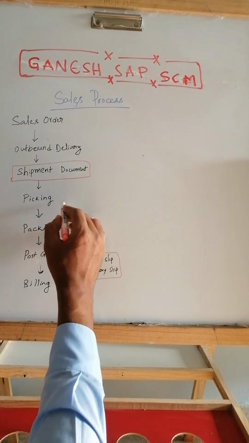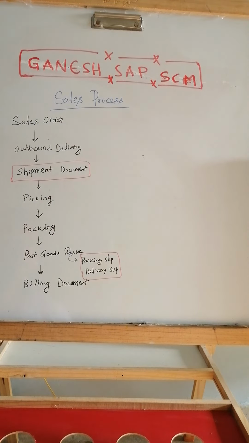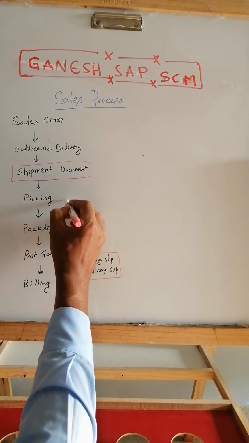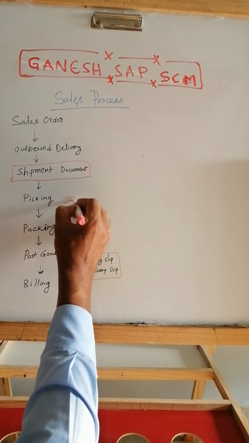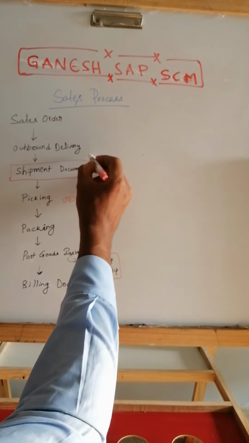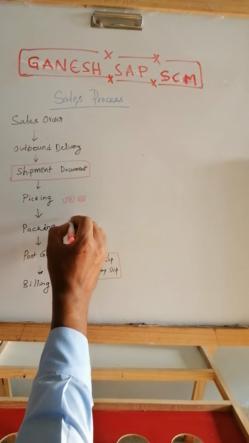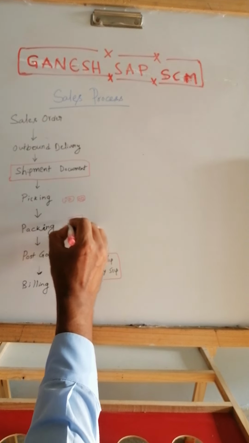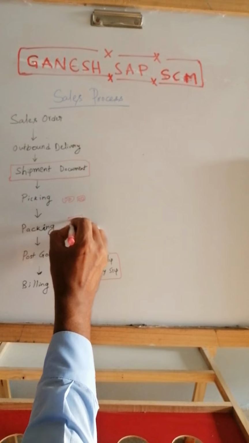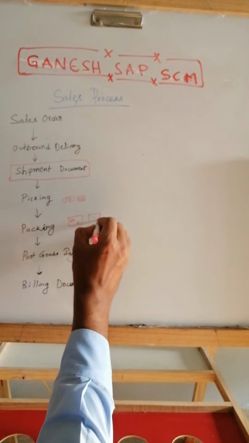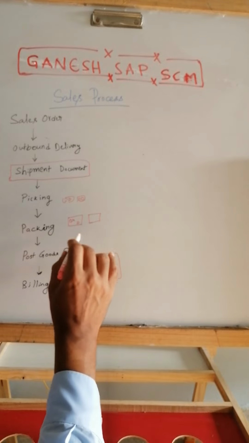So what exactly happens in packing? For example, they have taken small loose boxes or small pieces. During picking, the outbound delivery has 3 pieces, 4 pieces. In the packing area, they will do packing per customer. They can keep all the small pieces into one pack, or similar kinds of materials will be packed together.